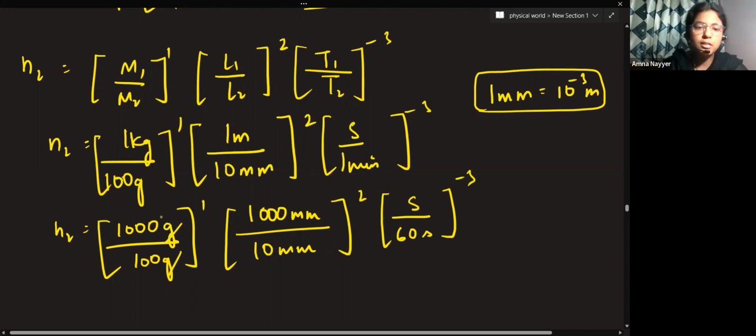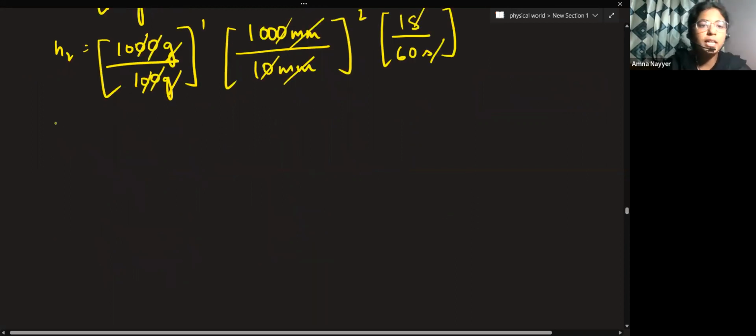Gram gets cancelled. 2 zeros get cancelled. Millimeter gets cancelled. 1 zero gets cancelled. And here you have 1 second. Seconds get cancelled. So what are we left with? N2, we are left with 10. This is square, so 100 square becomes 10 to the power 4.